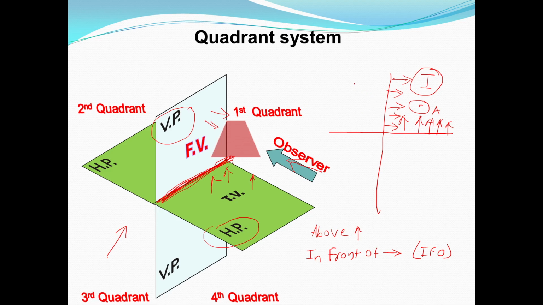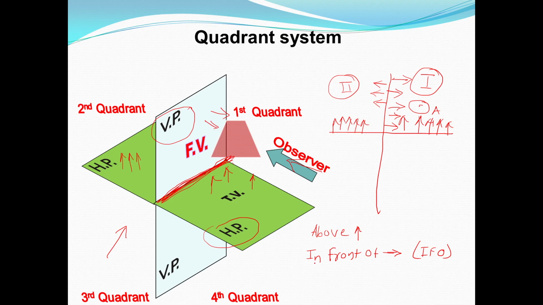Now we'll see the second quadrant. Similarly to the first quadrant, we have to give the reference positions with respect to the vertical plane and horizontal plane. You can clearly see the second quadrant is above the horizontal plane, this xy line. With respect to the vertical plane, it is behind the vertical plane.